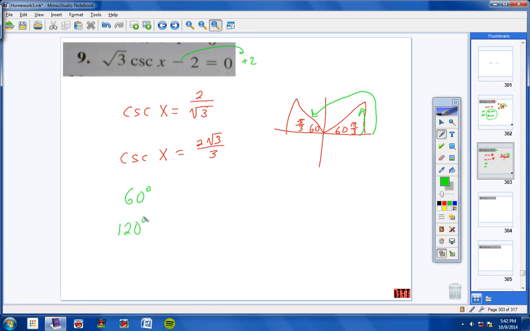So our answers should be 2 pi over 3 plus 2n pi for 120 degrees, and for 60 it would be pi over 3 plus 2n pi. There are your answers.